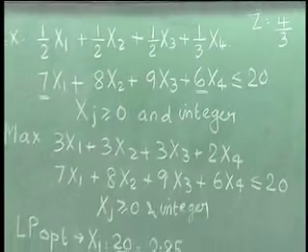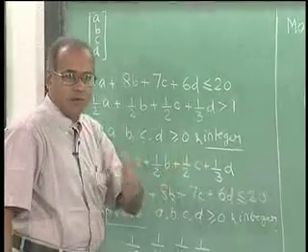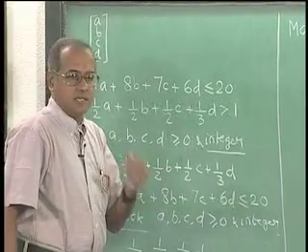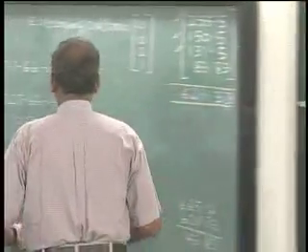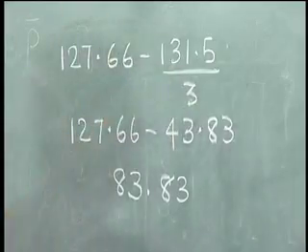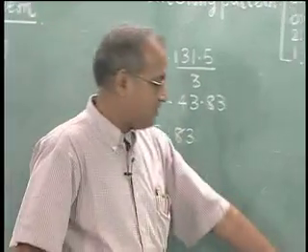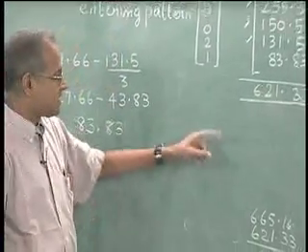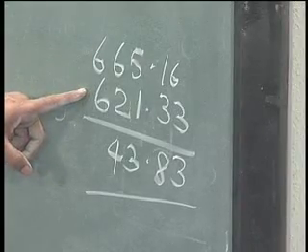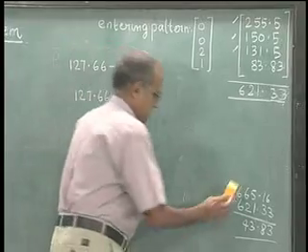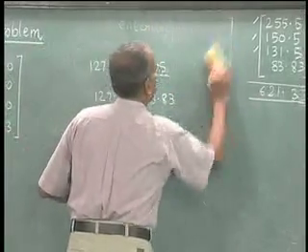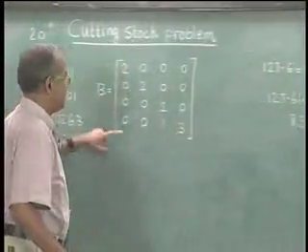So, 4 by 3 exceeds 1 by a quantity 1 by 3. Therefore, Cj minus Zj, the actual value, is 1 by 3. Theta is 131.5. So, 131.5 divided by 3 is 43.83, which is exactly the gain from 665.16 to 621.33.